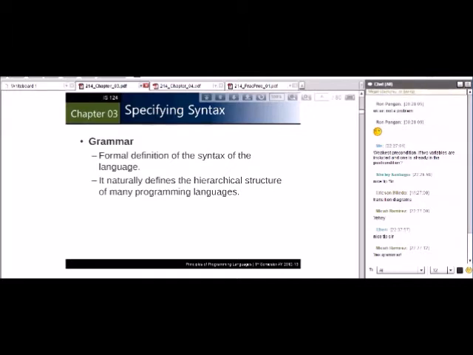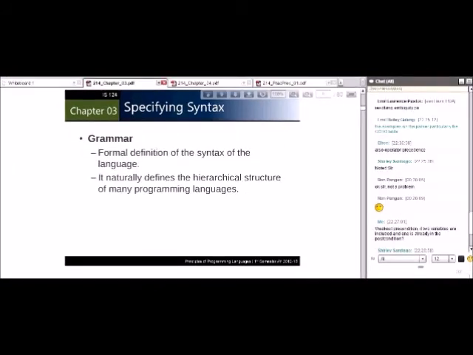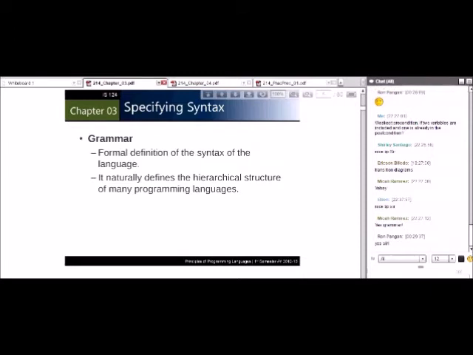For example, sabihin natin, English language, di ba? Hindi naman sapat na alam mo yung mga English words. You also have to know how you form English words and how do you know how to form English sentences. Siyempre dapat tama yung grammar, tama yung structure, di ba? Tama ba ako doon? Is it right?